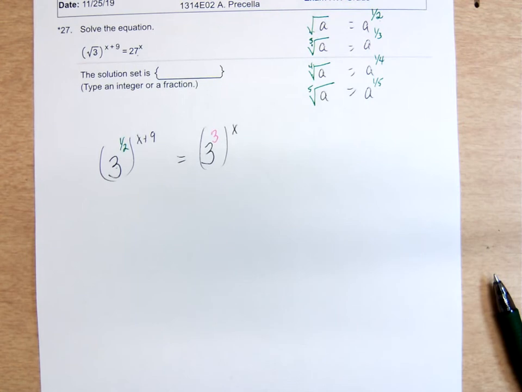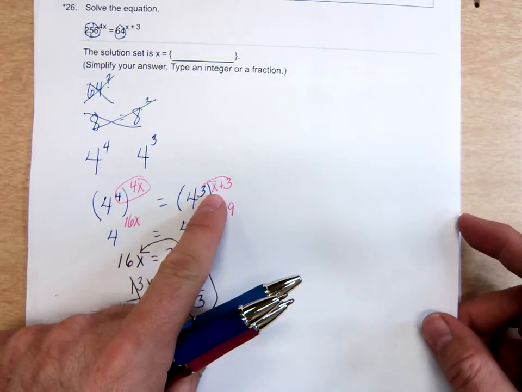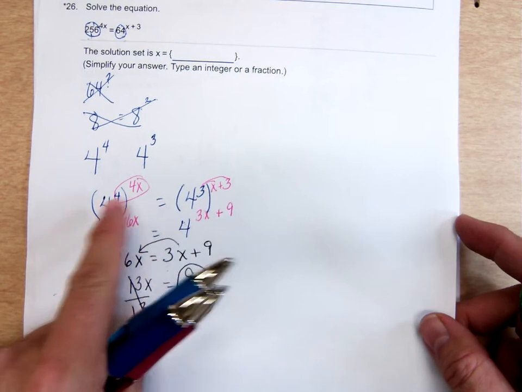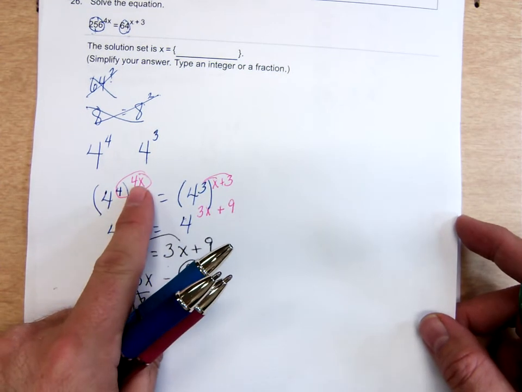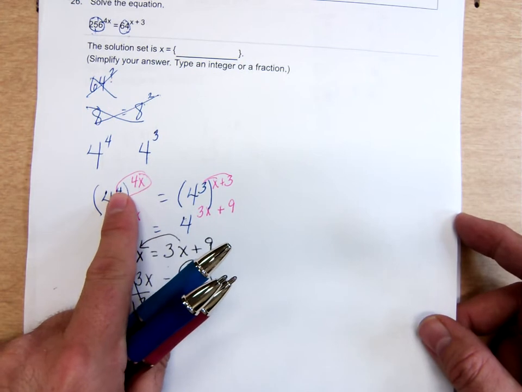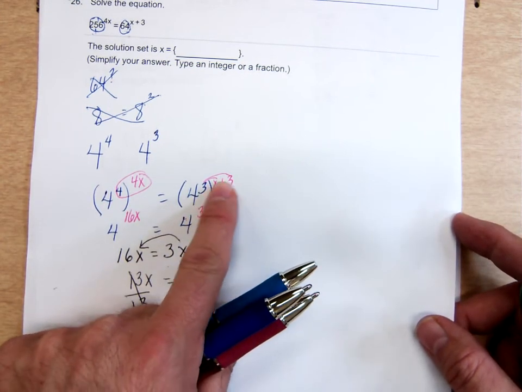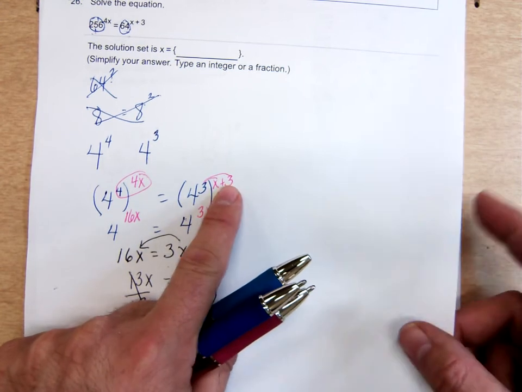And unlike the one we just did, where to remove the parentheses right here I distributed, here you don't distribute. You distribute over addition or subtraction. Over here there's no addition or subtraction. But right here, when I'm distributing this blue 3, it's over addition or subtraction. I don't think I'm going to distribute this one.